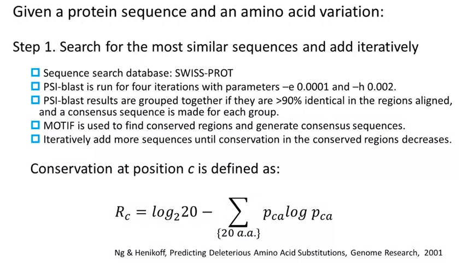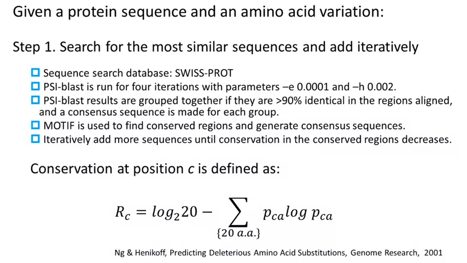BLAST results that are over 90% identical in the regions aligned are grouped together, and a consensus sequence is made for each group. The MOTIF method is used to find conserved regions and generate consensus sequences. Iteratively, more similar sequences are added until conservation in the conserved region decreases.